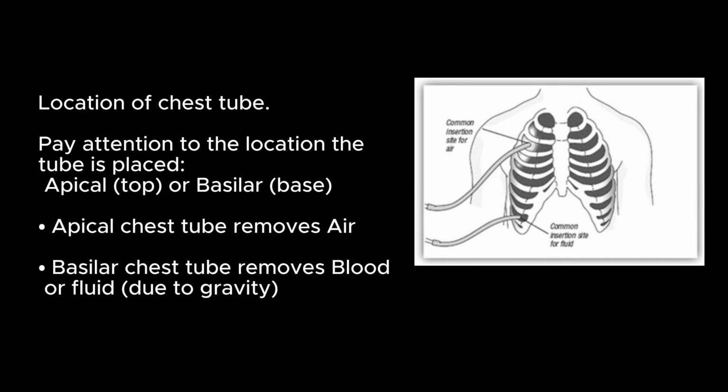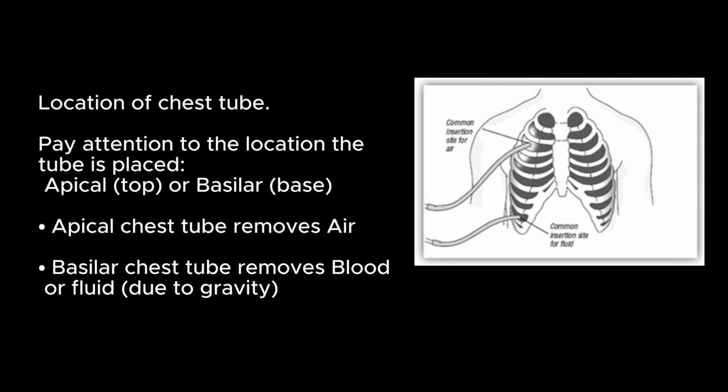Why? Because of gravity. Due to gravity, blood and fluid will be at the bottom. So if you need to remove air from the lungs, you use an apical chest tube. If you need to remove fluid from the lung, you use a basilar chest tube.